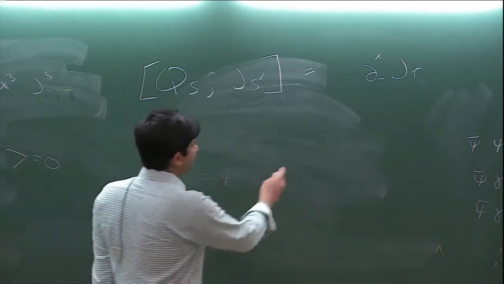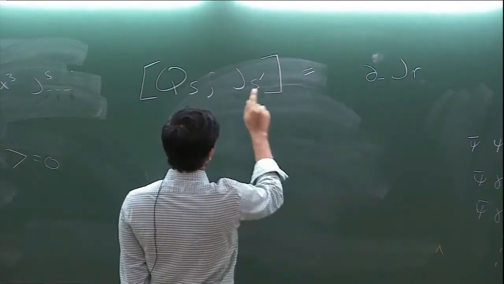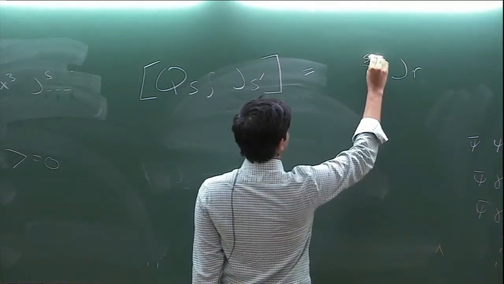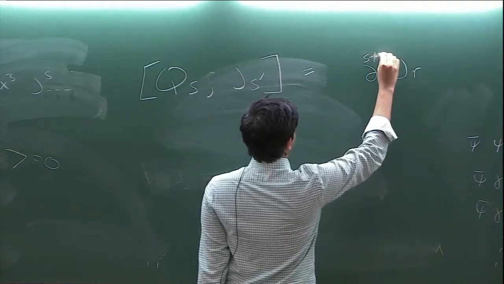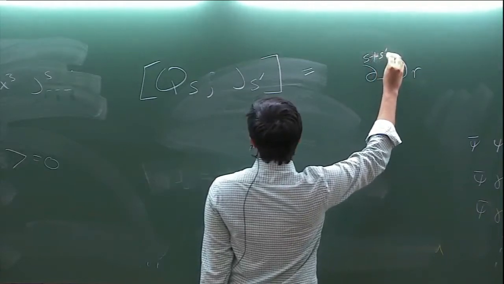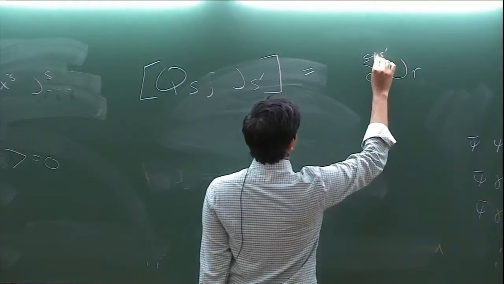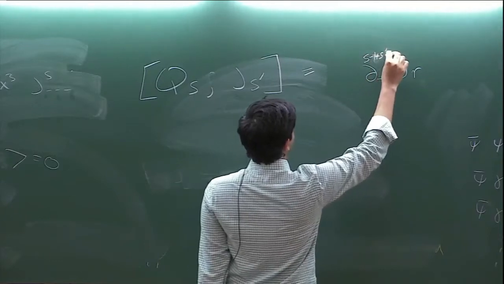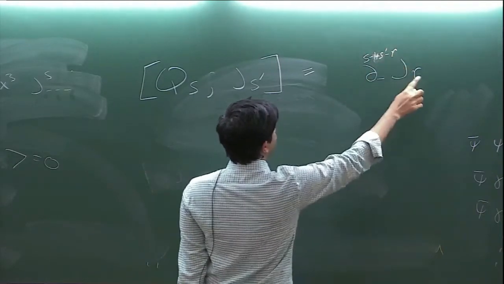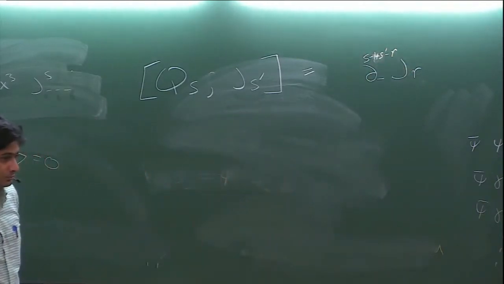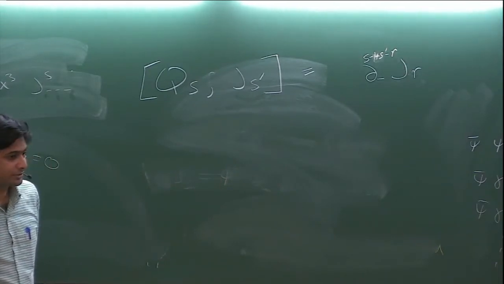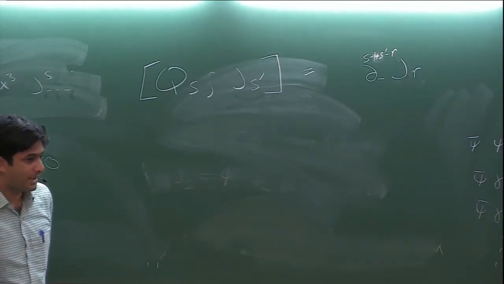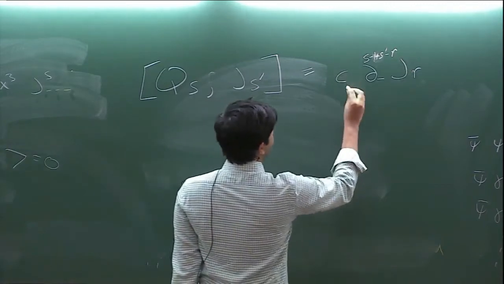And then to match the spin, we know it's going to have to be S minus 1 plus S prime minus R, so that the spins on both sides match. And then there can be some constant.